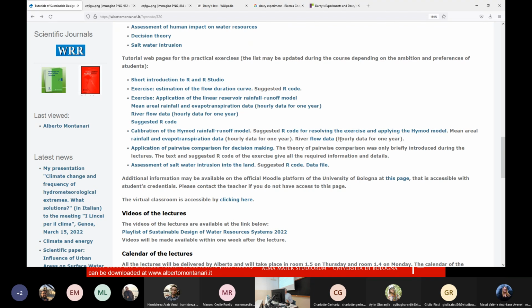So the time step of rainfall and river flow data is the same, hourly. The units are different. Millimeter per hour rainfall, cubic meters per second discharge. Be aware of that. Perfect. Now let's start our session.